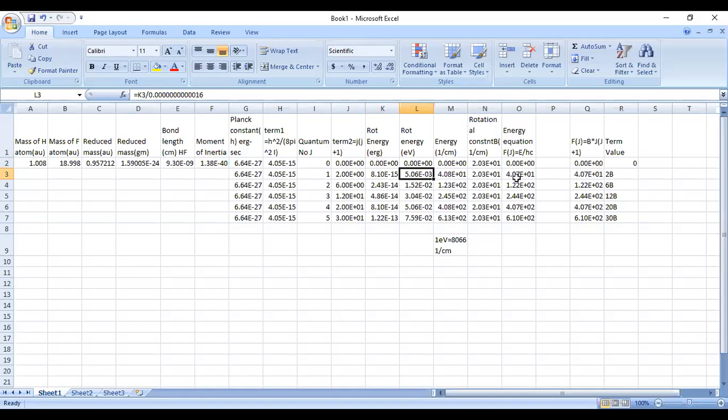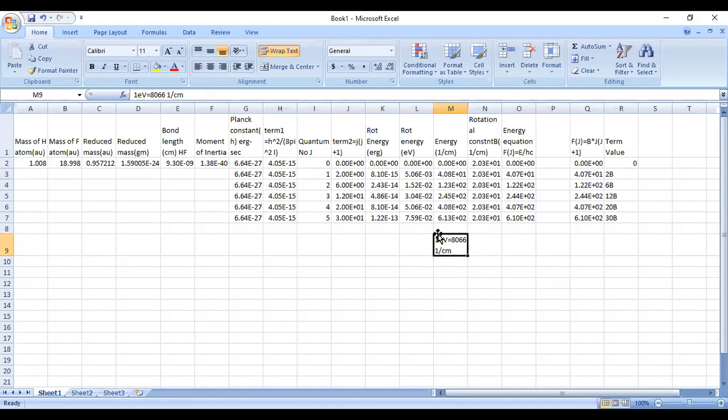You can see I calculated the energy in terms of wave number, and there is a conversion factor which you can verify: 1 electron volt of energy corresponds to 8066 centimeter inverse. This is the conversion factor which is given in your textbook.